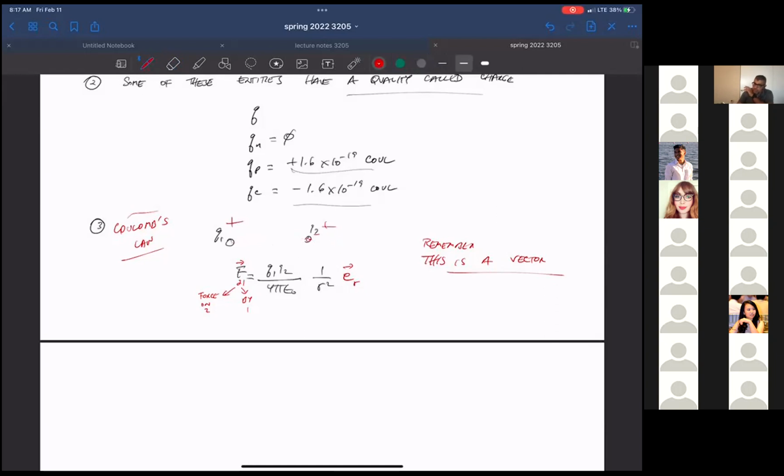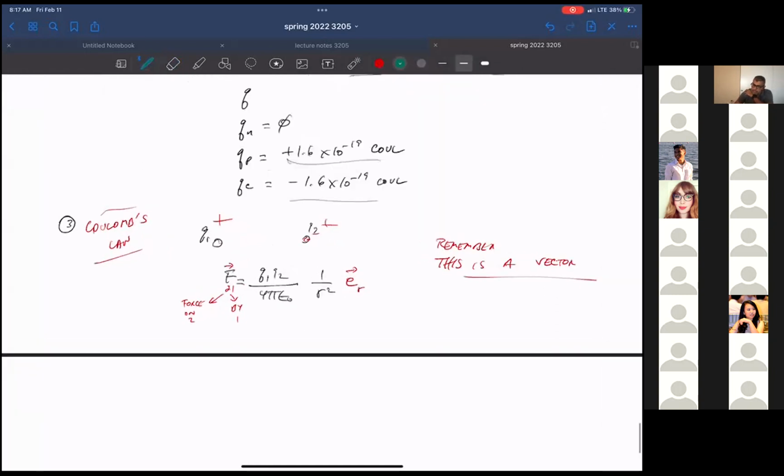So what we're trying to say is that there is a force on Q2 caused by Q1 that's going to push Q2 away from Q1 in a certain direction.